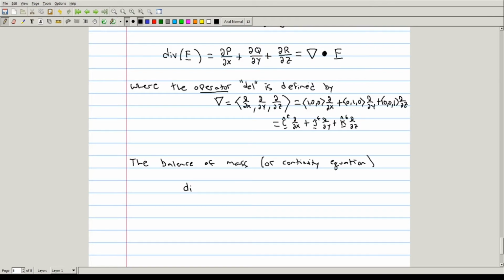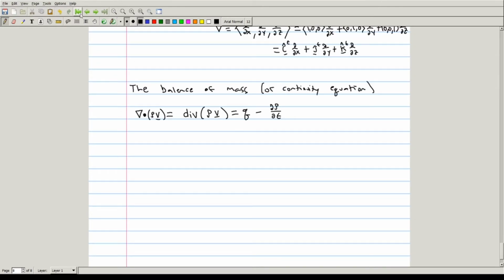It's that the divergence of the vector field rho times v is equal to q minus the partial of rho with respect to t, d rho dt. And remember, the divergence of rho v is the same thing as del dot product with rho v.